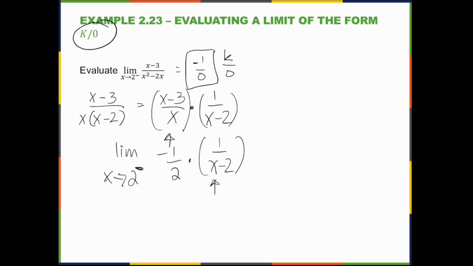And because the numbers that I'm plugging in for x are going to be smaller than 2, that's going to constantly give me a negative number in that denominator. So for example, if I plug in a number close to 2, 1.9, and I subtract 2, that's going to give me a negative number. If I plug in 1.99, that's going to give me a negative number.